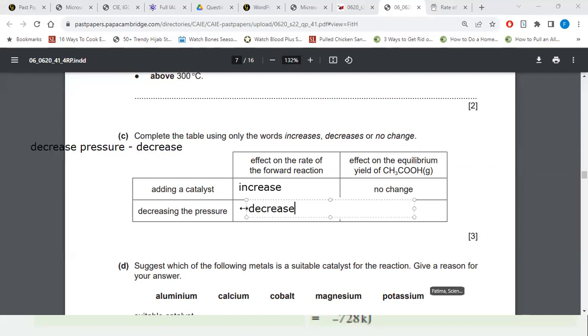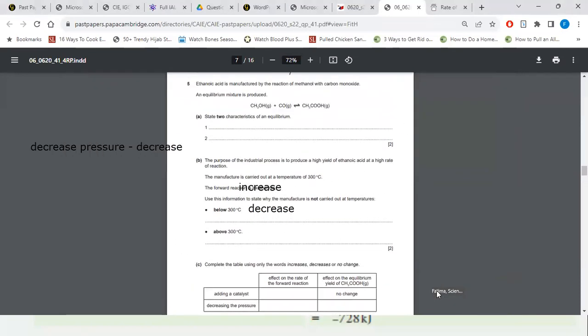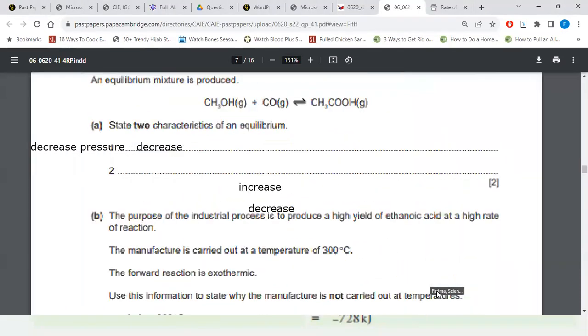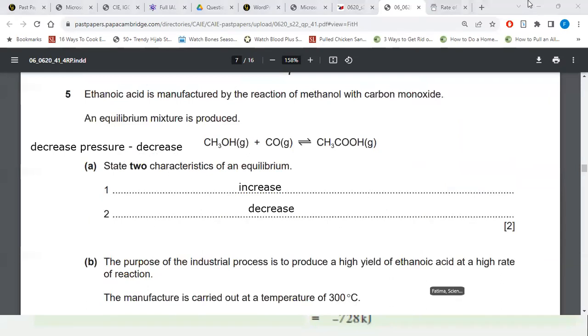Next, they're asking us the effect on the product. To see the effect on the product, I will actually have to look at my equation. If I decrease the pressure, we will go to the side with more molecules. How many molecules on the left side and how many on the right side?